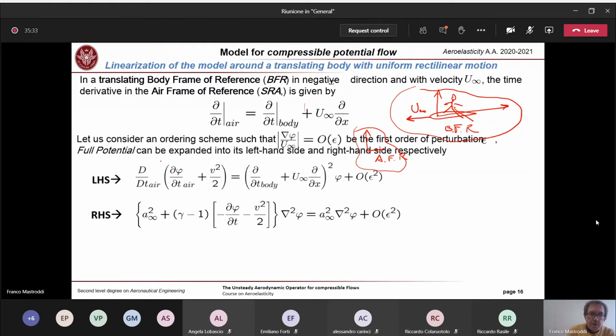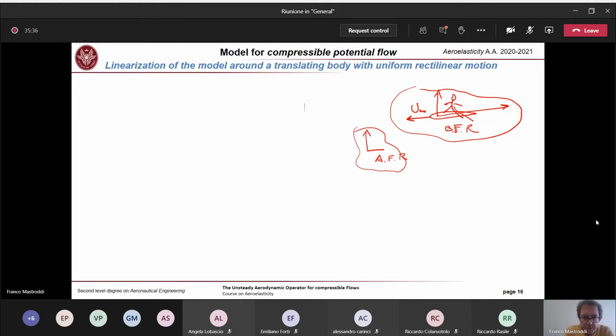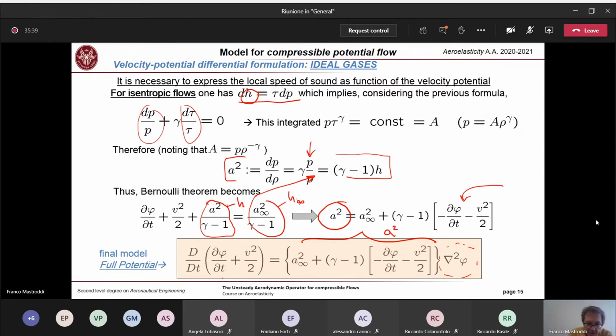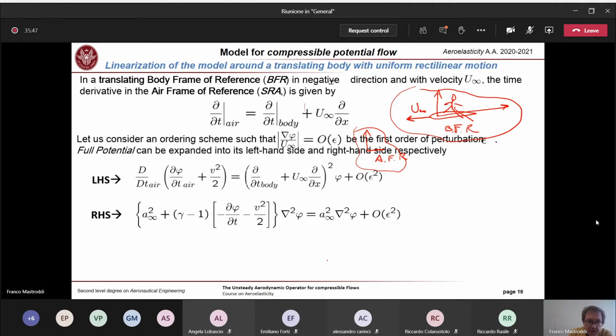So you can transform our original equation. You can consider the left-hand side and the right-hand side of this equation. And so in the left-hand side, this part here can be simplified by introducing this change in the frame of reference and considering that this double time operator, time and time, is equal to this linear part plus higher order terms.